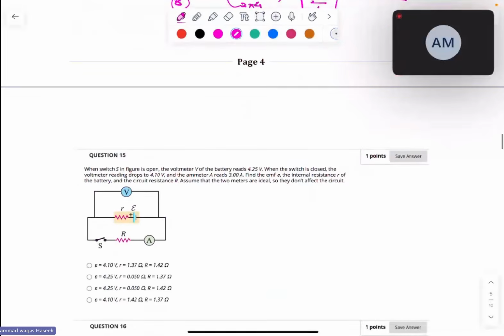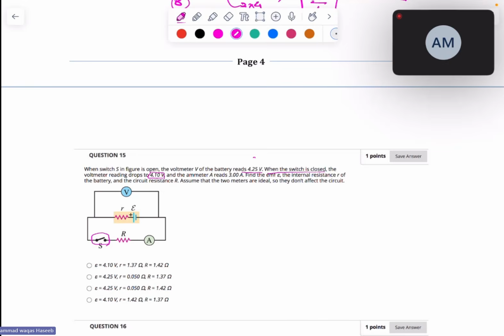Okay, now moving towards the circuits. So question number 15. When the switch is open like this, this is the open situation. And when it is connected, it's closed. Battery reads 4.2 volt. When the switch is closed, the voltmeter reading drops to 4.10.